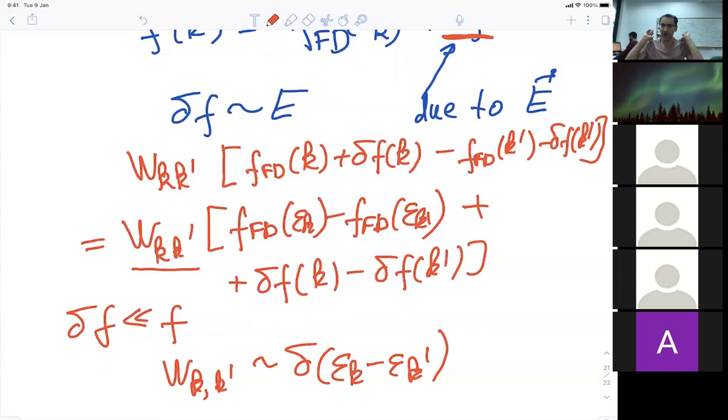So if you send an electron on the energy shell epsilon k, out goes an electron on the same energy shell. That's because the impurity is static. That's because the energy is conserved. So it means that the energy epsilon k must be the same as the energy epsilon k prime, which means that these two terms are gone.